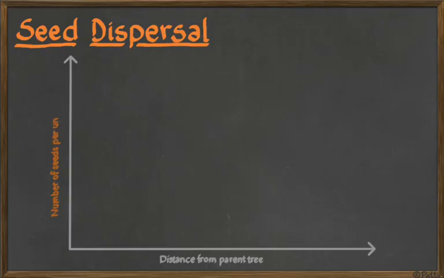So the number of seeds that we can find in a unit of area related to the parent tree is going to be reducing. The closer you are to your mother tree, the more of those seeds you're going to find. Okay, that's quite obvious. It makes us think that actually all the seeds should be found close to the mother plant. But actually, plants evolve ways to make seeds go away.